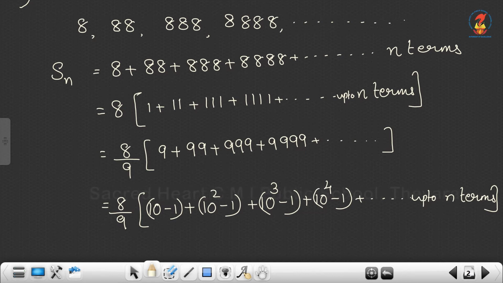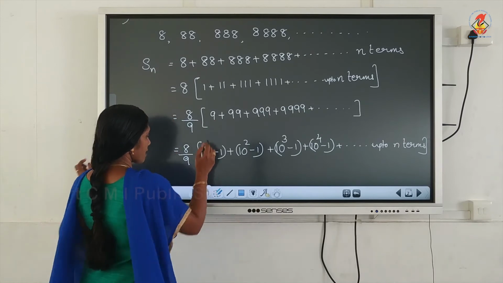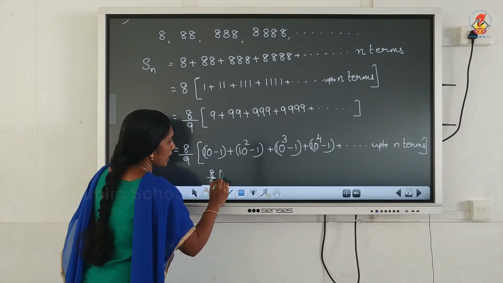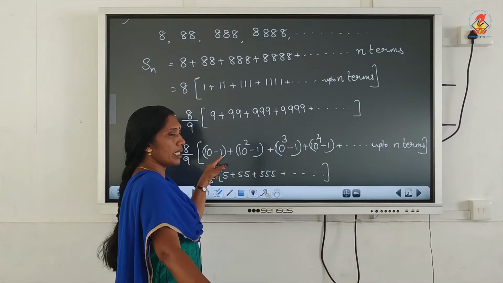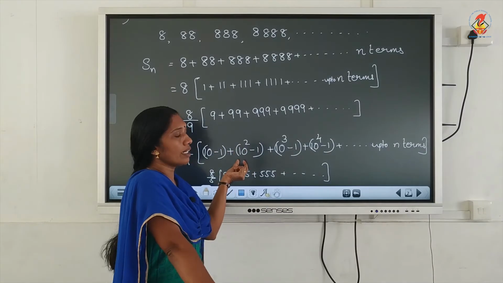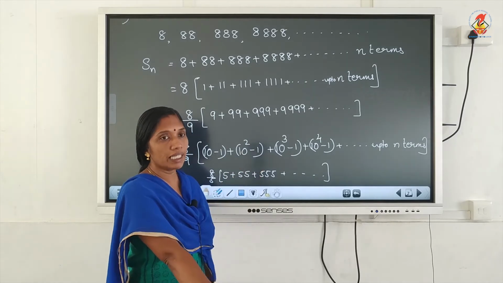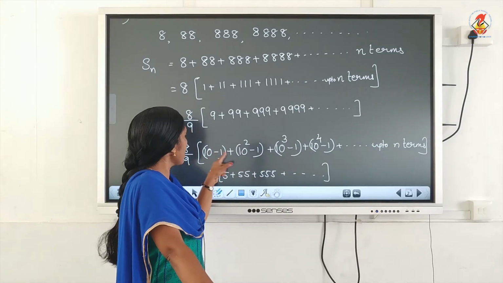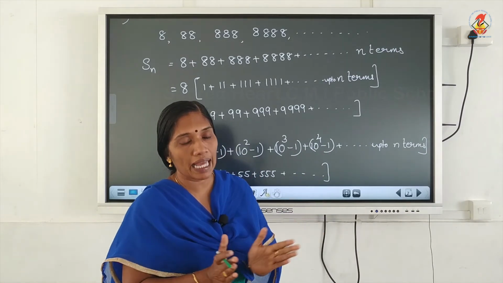If you multiply by any other number, if you multiply by 5, then this bracket will be 5 plus 55 plus 555 like that. But it is not possible to convert to GP. Here look, 9 is 10 minus 1. Every term we can express as powers of 10. So that will be automatically a GP. Okay. Then the second term is 1 n times or minus 1 n times, that we can add easily.